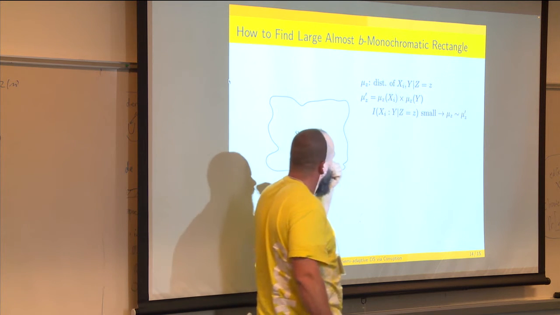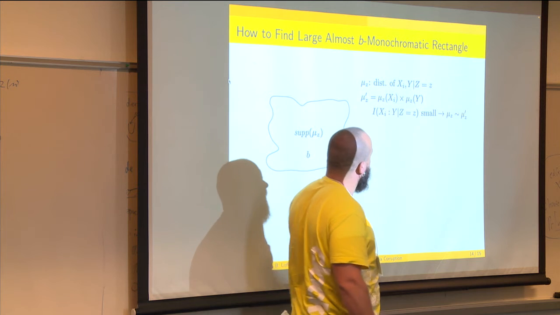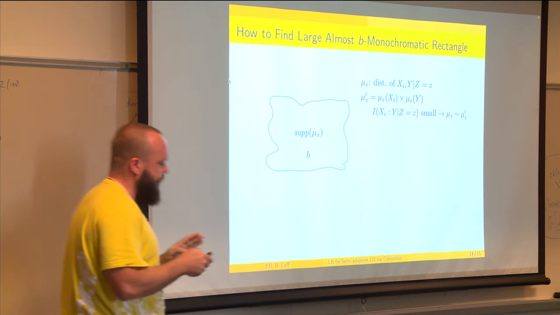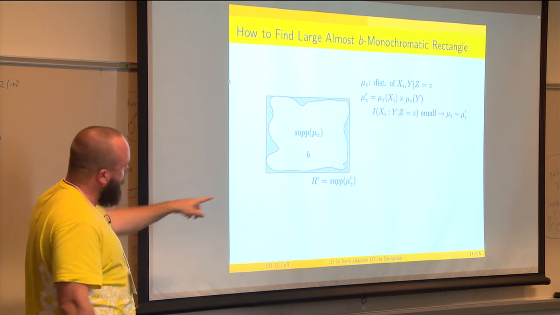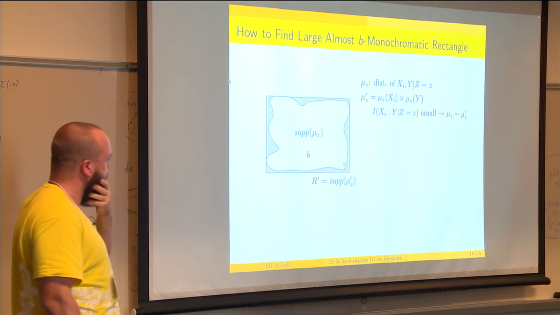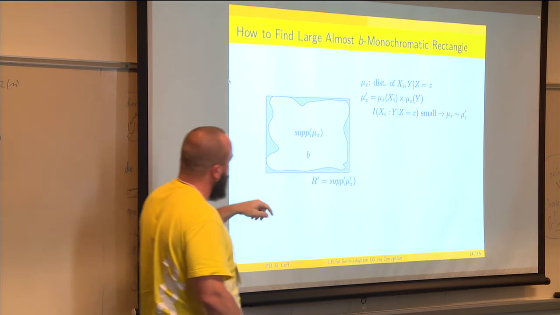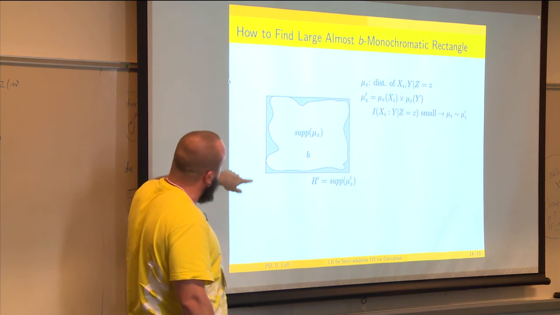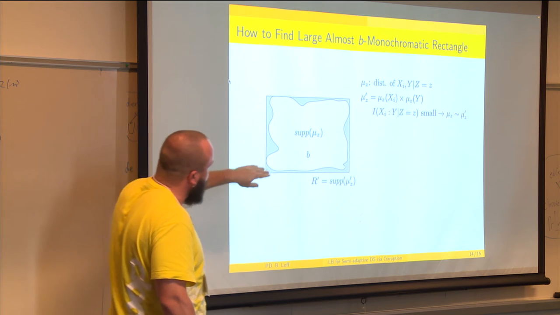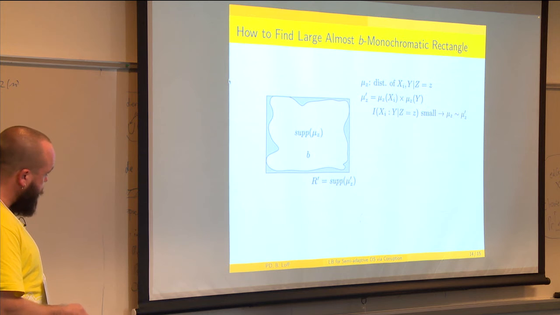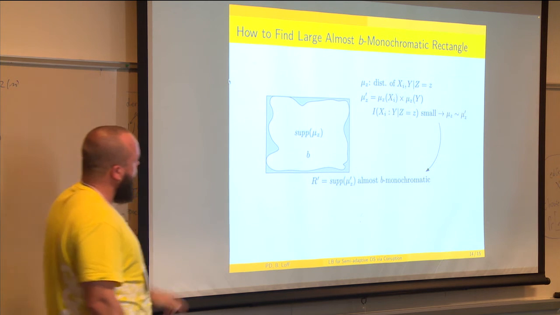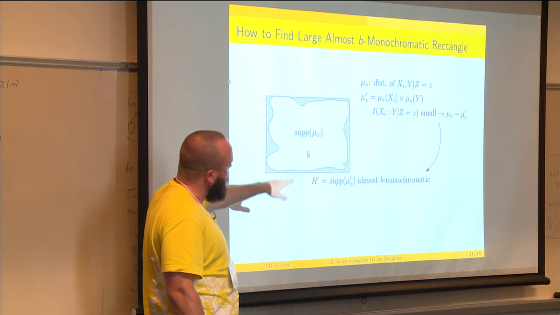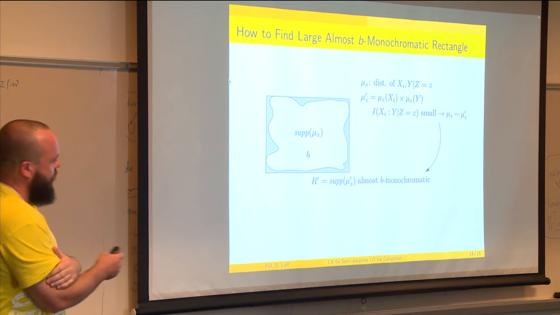Because the information between xi and y given this z is small, these two distributions are very, very similar. But the support of mu prime z is now rectangular. Because mu z and mu prime z are very similar, the newly added elements have a very small probability. Therefore, if we look at the support of mu prime z as R prime, then it's a rectangle and almost b-monochromatic.